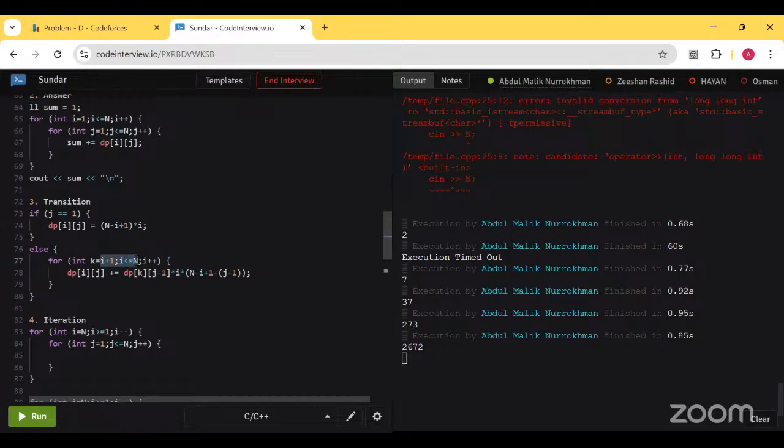If the next removed token is k, then the number of configurations is dp[k][j minus 1]. And they are not affected by the previous token. The next token will never be affected by the previous token, but the previous token will be affected by the next token, right?